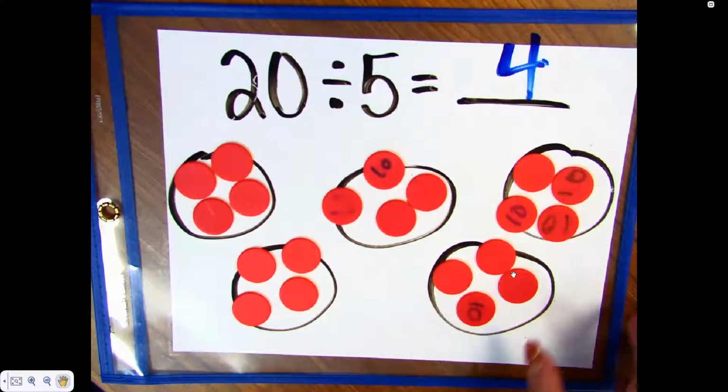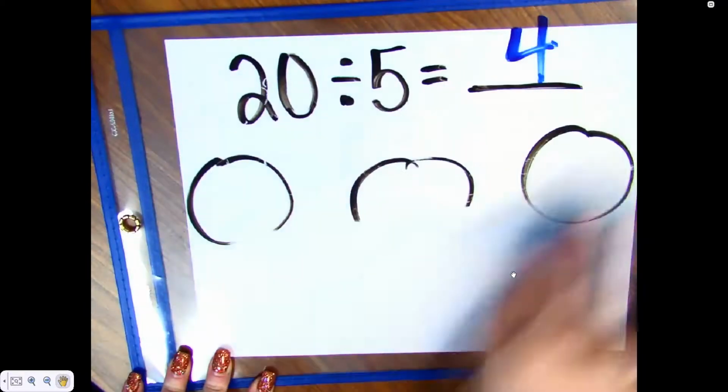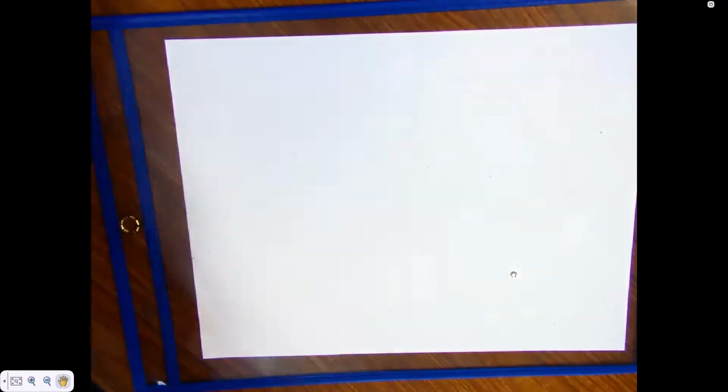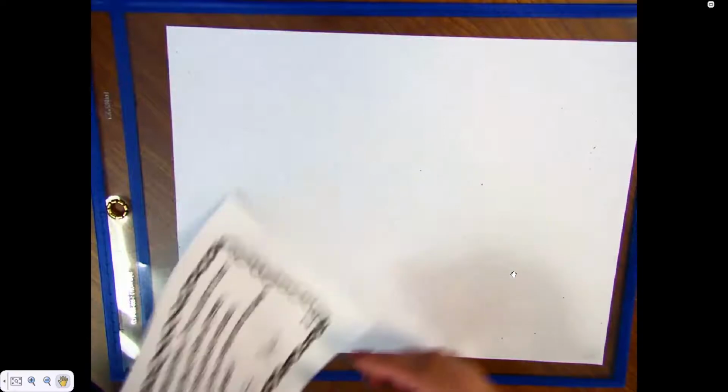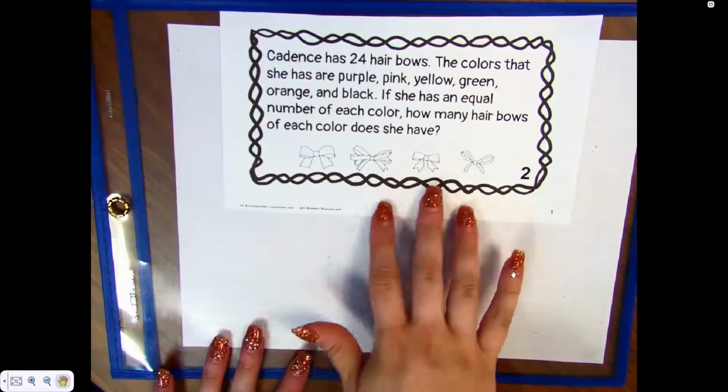So now what we're going to do is I'm going to show it to you in a word problem format, like a scenario. So my scenario is: Candace has 24 hair bows.